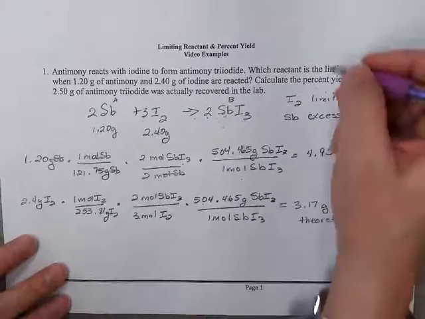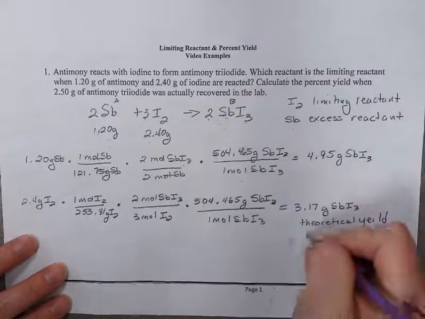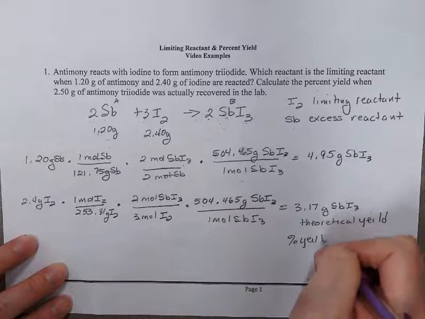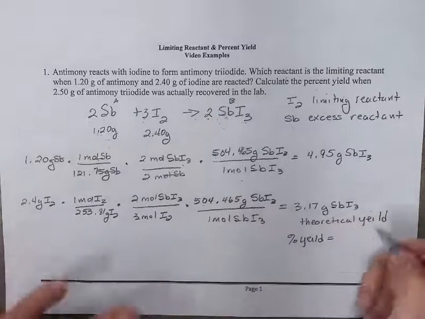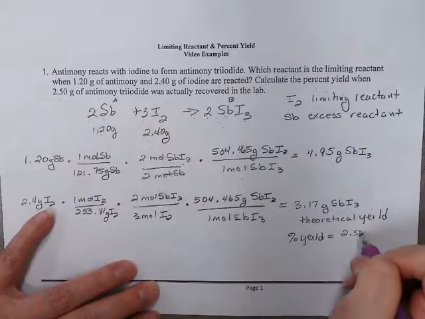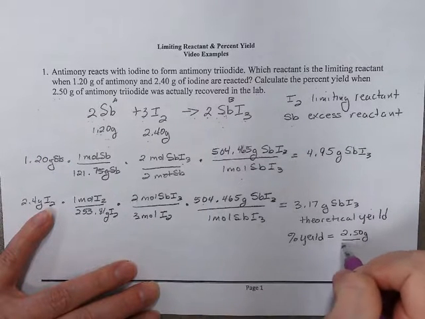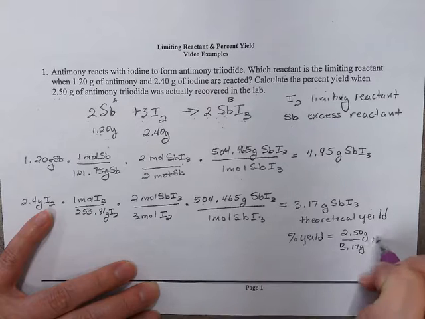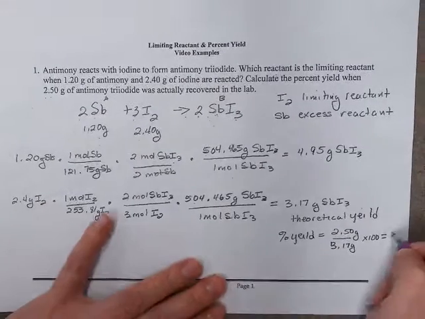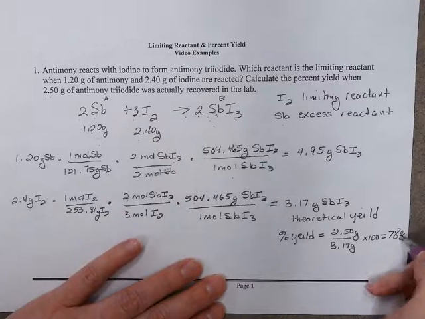Okay? So the percent yield, I guess I'll do it right here, because I want to also do excess reactant. And we were given the actual yield, and then we put that in the calculator, and we get 78%.